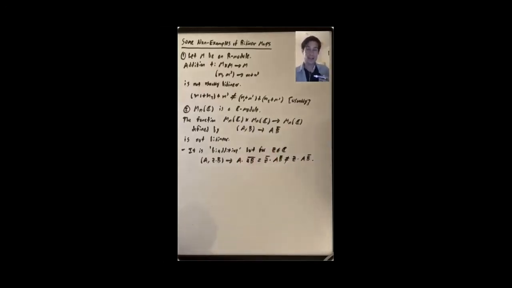But it doesn't behave well with respect to the action of the ring R, the ring C in this case, on the second argument. So if you take a complex number Z and you take the pair A comma Z times B, what do you get? You get the matrix A times the conjugate of ZB.